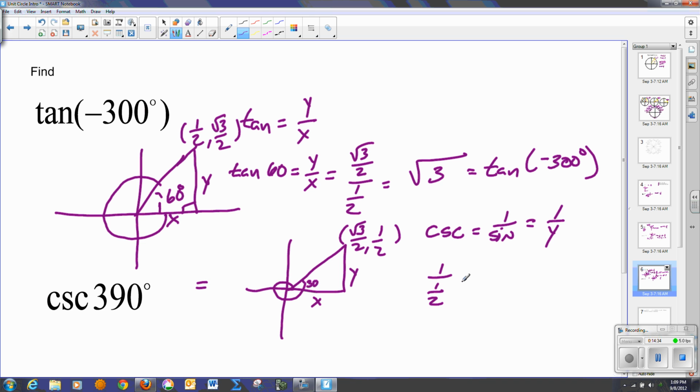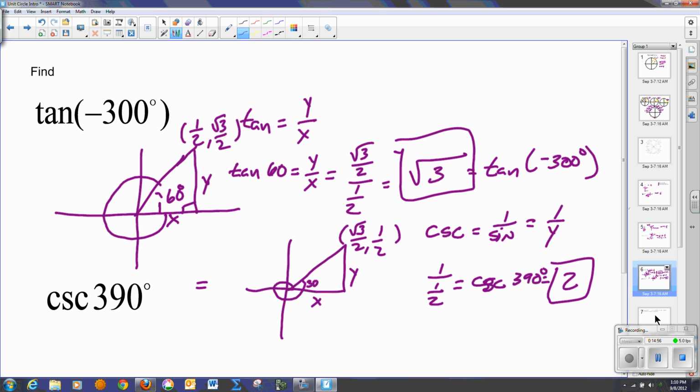And then if I multiply by my reciprocal, I find that the cosecant of 390 degrees is equal to 2. Let's move to the next example.